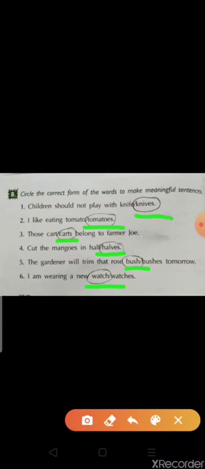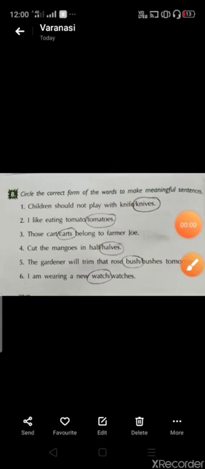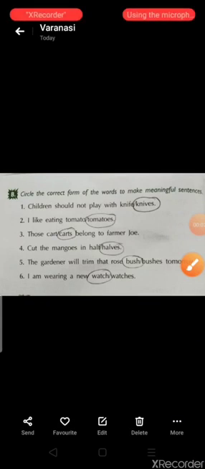The plural of knife is knives, tomato, tomatoes, card, cards, half, halves, bush, bushes, watch, watches. Write in your copy.